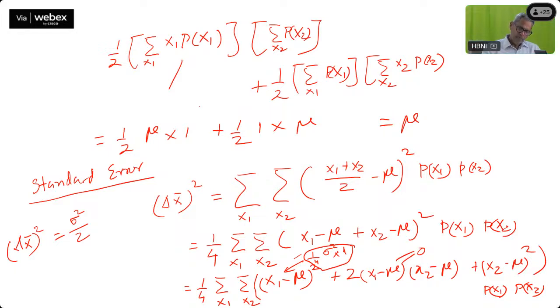Right? So delta x average, or standard error, this is called standard error. This will be sigma by root 2. This is very important.